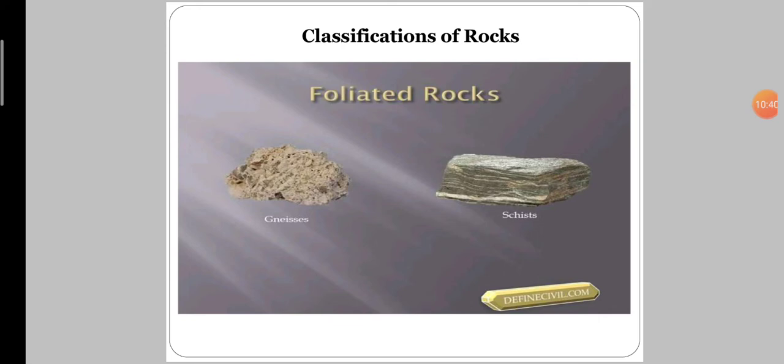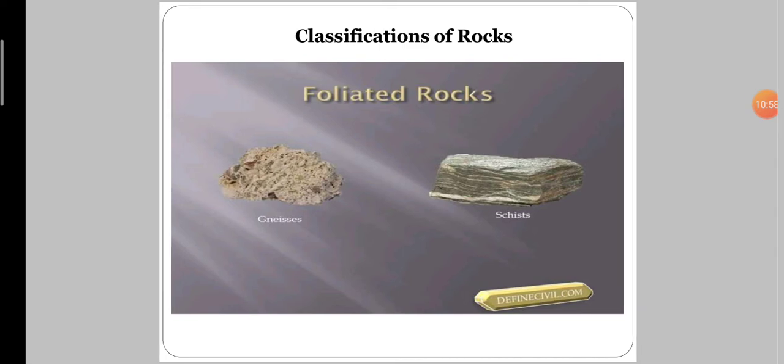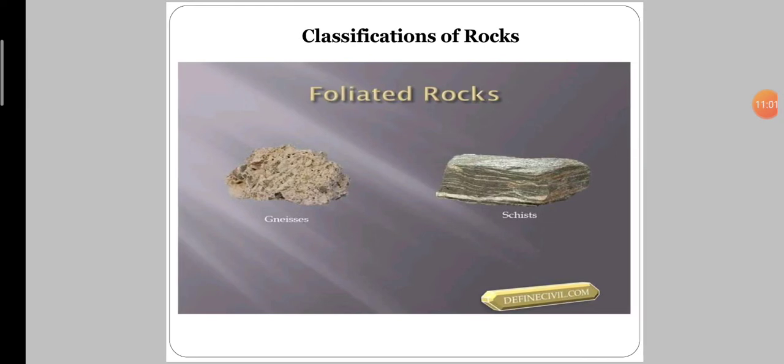In this diagram we can easily see it in the schist. It is formed layer by layer, so we can easily split the rock. It is based upon the structure. Examples for the foliated rocks are gneisses or schists.